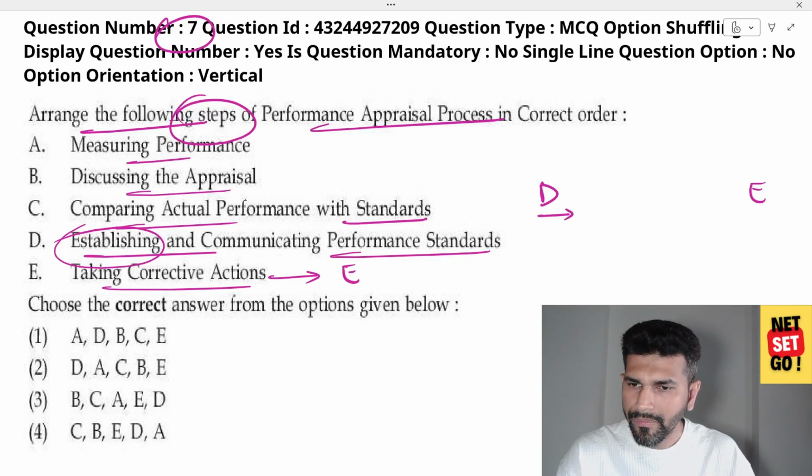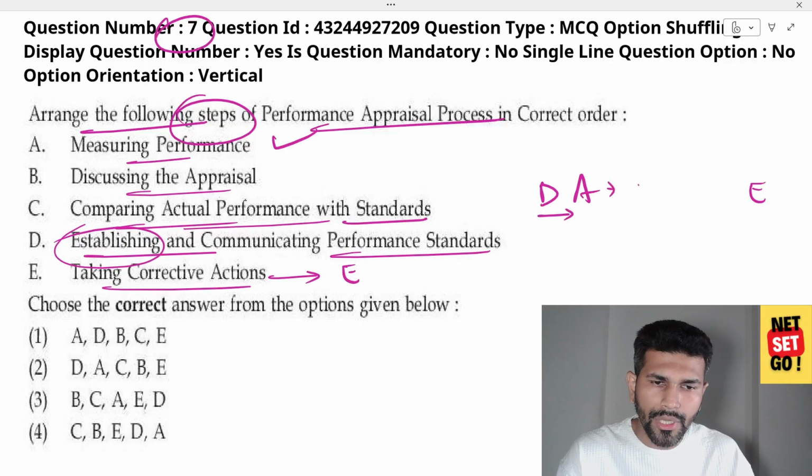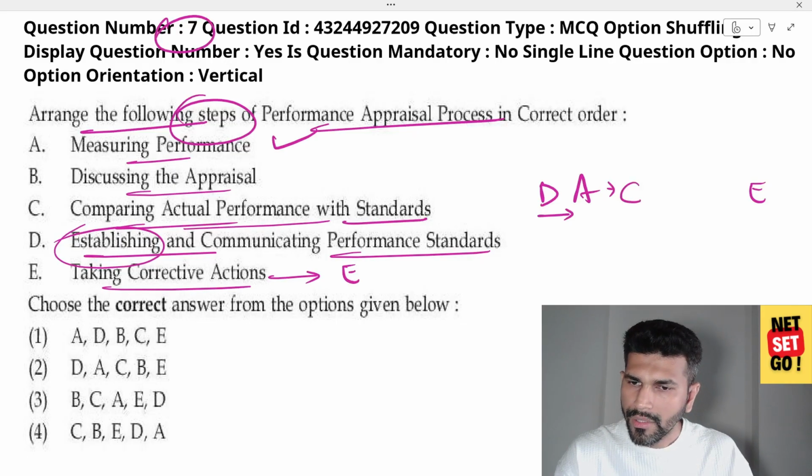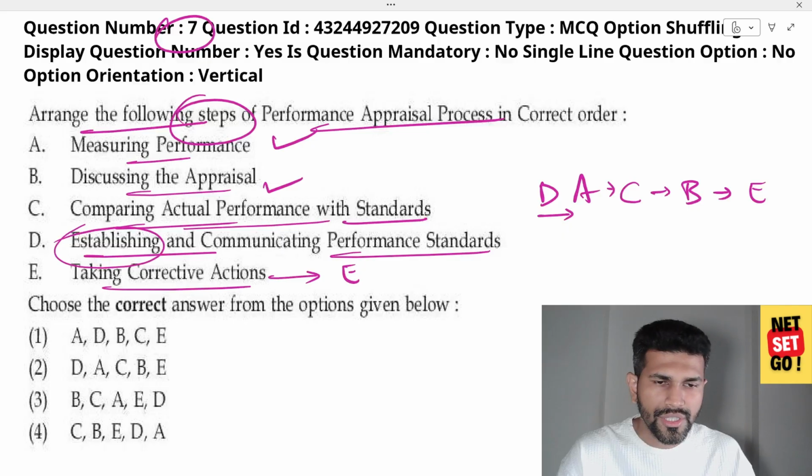So D, then measuring the performance A, then comparing the actual performance with standard C, then discussing the appraisal B, and then corrective action. So DACBE is the correct sequence. Option B is the correct answer.